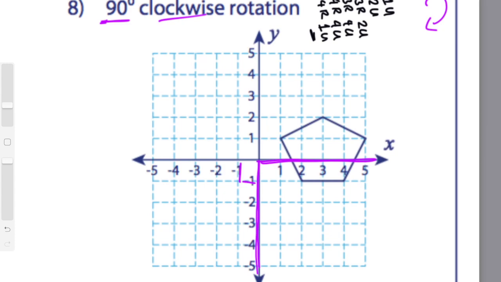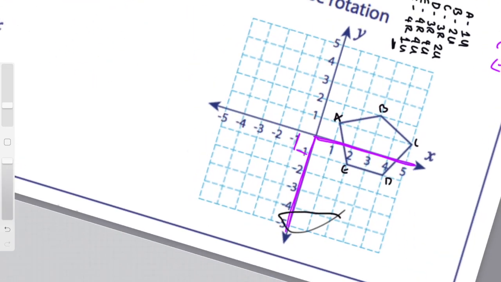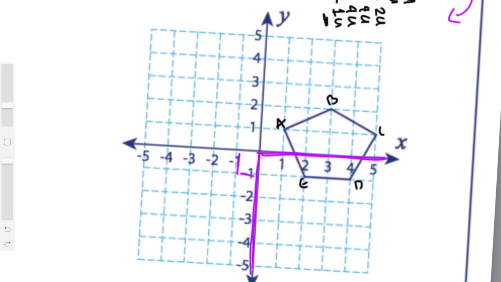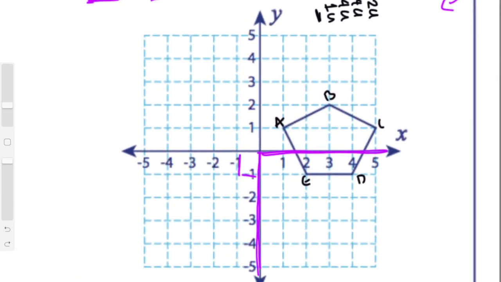All right. Let me label it A, B, C, D, E. So we're going to put the biggest part in quadrant 1. Now we turn it. There, it is already.